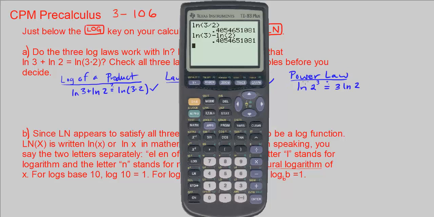Let's test that. Clear my calculator. ln, and inside the ln I put 2 to the 3 power. That's 2.079. Then I test 3 times ln of 2, and that gives me the same output. So yes, those are equal as well.